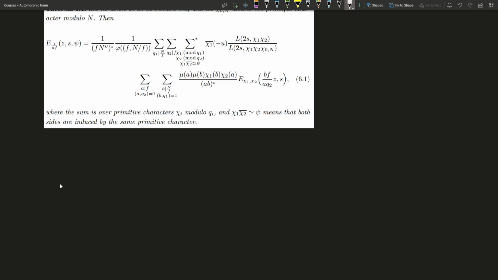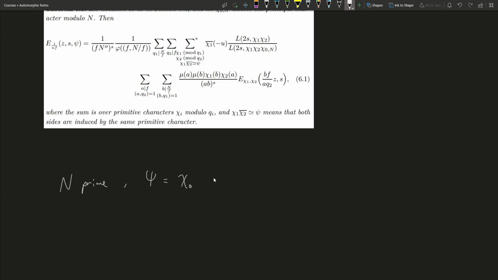So I'm going to further assume that n is prime. Maybe you can guess that this is enough of a mess that we don't need to think about other cases yet. And I'm also going to assume that psi is chi naught.